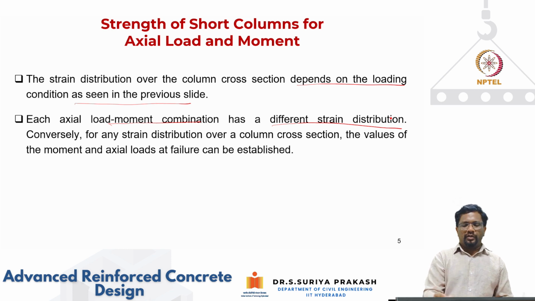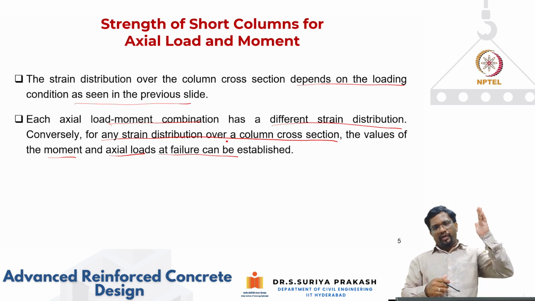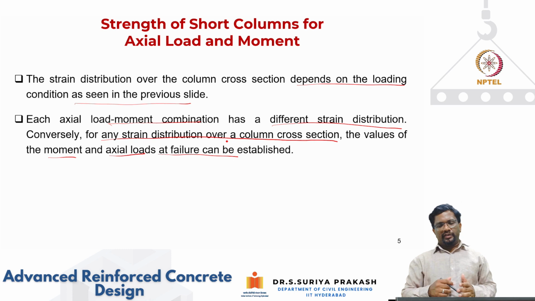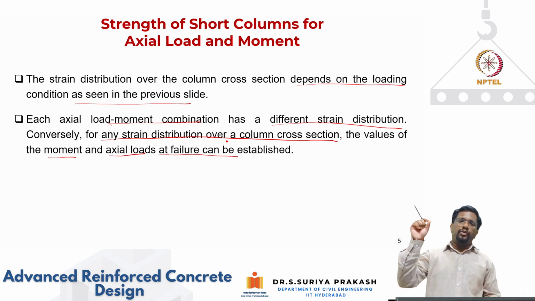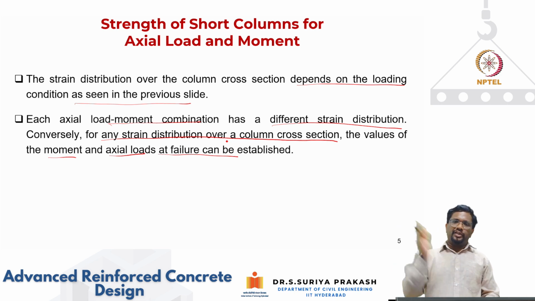In other words, for any strain distribution over a column cross section, I can find the moment and axial load at failure that create that strain distribution. Or, if I assume different values of neutral axis depth, I can find out the Pu and Mu that cause that particular strain distribution.